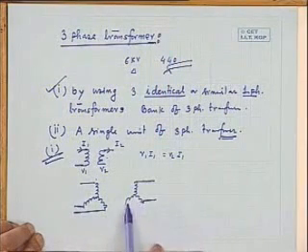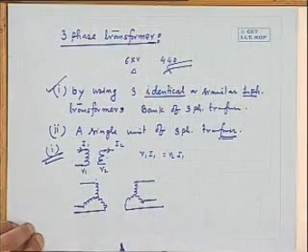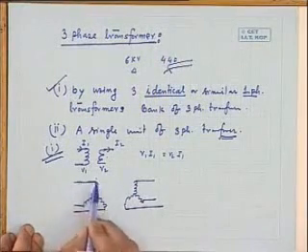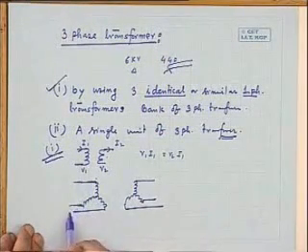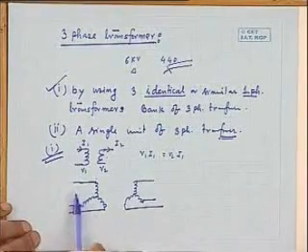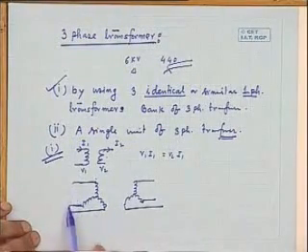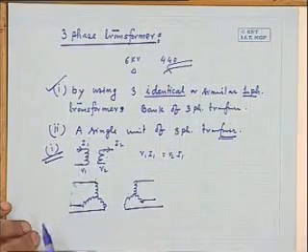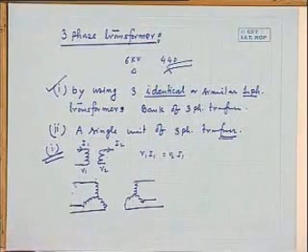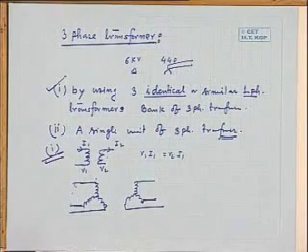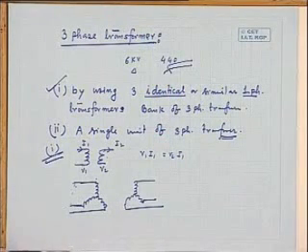All three primaries connected in star, three terminals will come out. Similarly, all the secondaries you connect in star, three terminals will come out. Now, what you do, you apply balanced three-phase voltage to these three terminals. What line to line voltage should I apply?